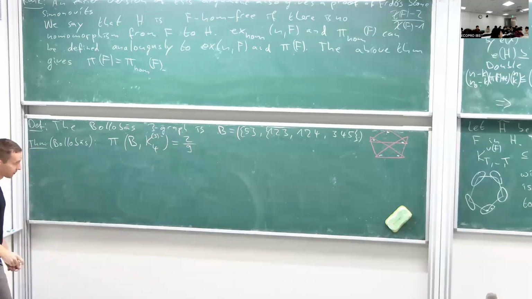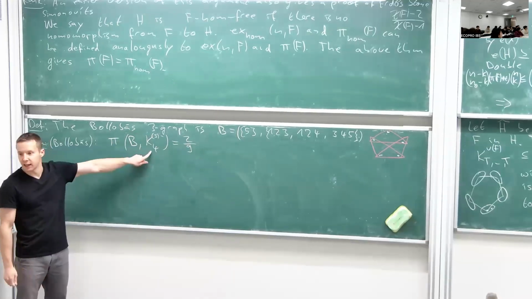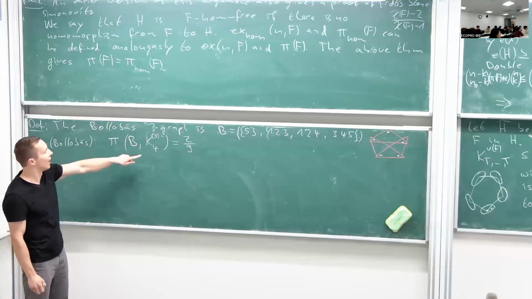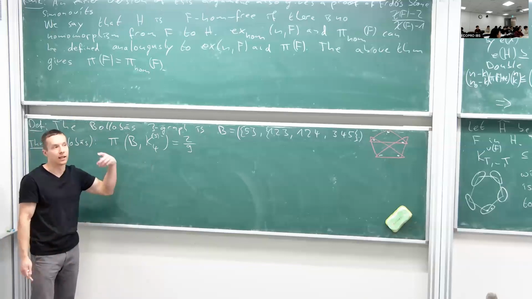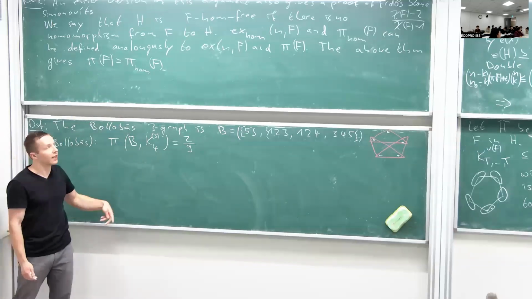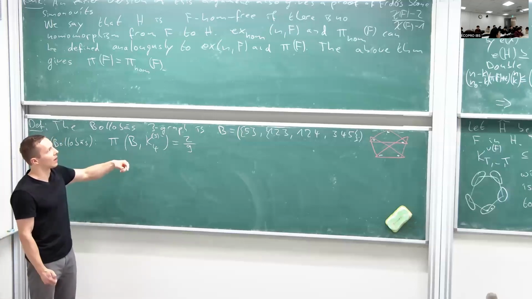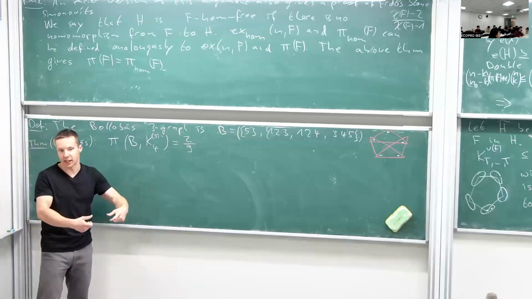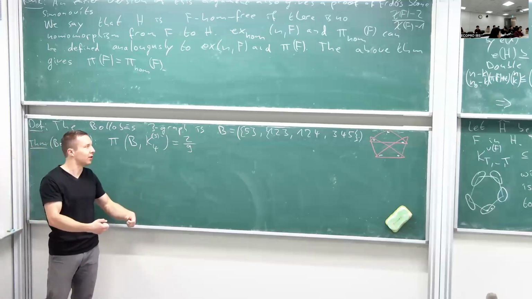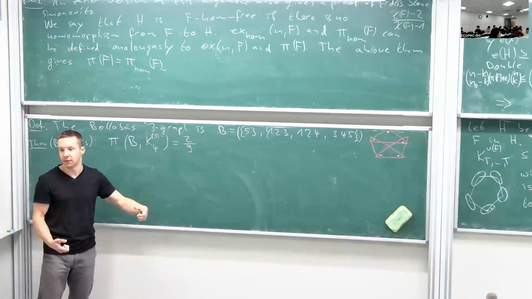So one thing is that for a family, again, we can define similarly as here: also for a family, we can just define the extremal number and then the Turán density analogously. We just say that now we look at the maximum number of edges that some K-graph on some number of vertices can have without containing any member of the family.